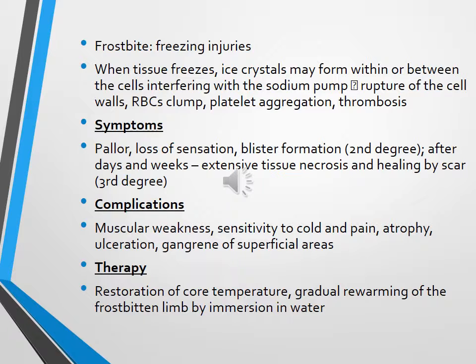After 2 days and weeks, it could be third degree, which is tissue necrosis, or it could be healing by scar. Complications: muscular weakness, sensitivity to cold and pain, atrophy, ulceration, even gangrene can set in. Therapy: restoration of core temp, and then you want to gradually rewarm the frostbitten limb by immersion in water.